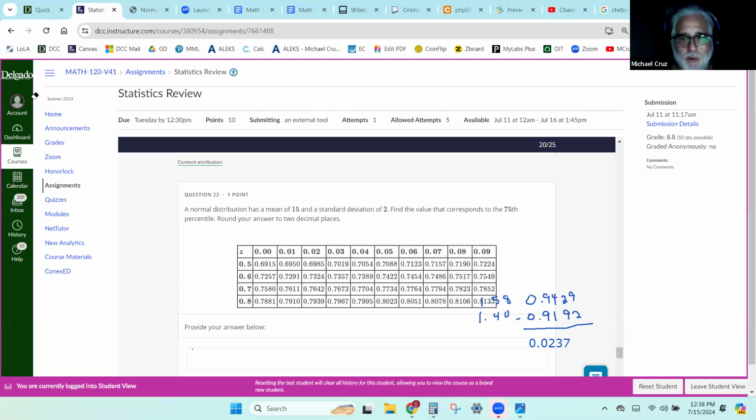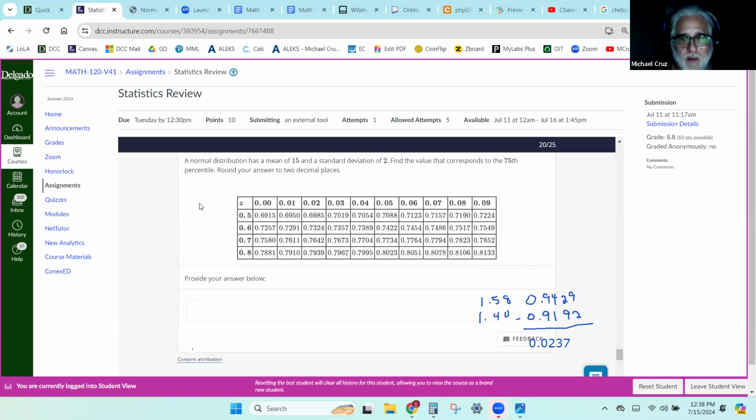So a normal distribution has a mean of 15 and a standard deviation of 2. Find the value that corresponds to the 75th percentile. Well, the 75th percentile just means when we have 75% of the data underneath the curve. Remember, everything underneath the curve is 100%. So then the 75th percentile would be this here.